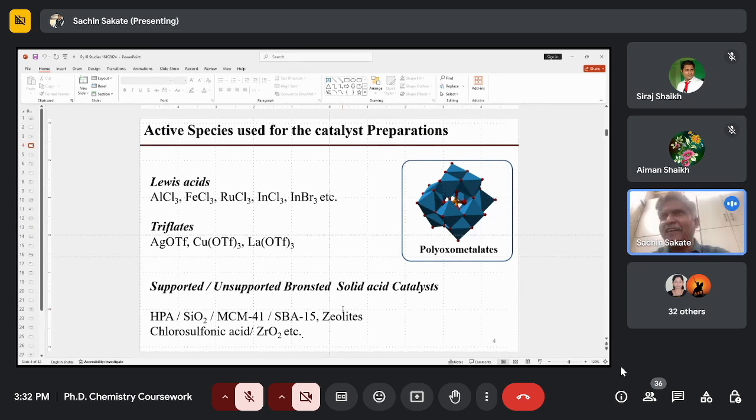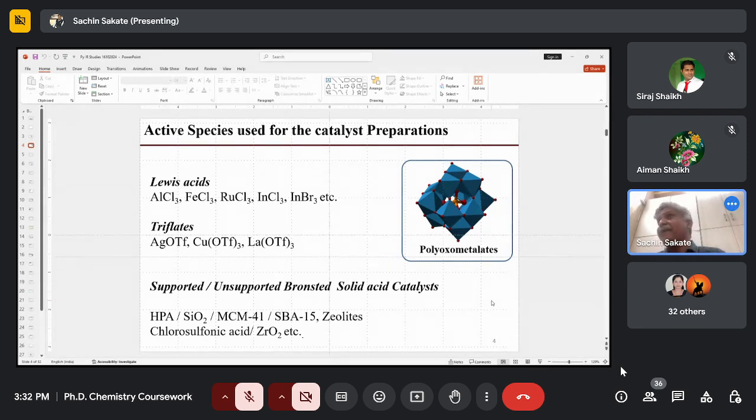I have done fantastic reactions with these Bronsted acids in my PhD time, and you can see them very easily on different research websites also. So the main ingredients are the active species and the support, and with this combination you can design different catalysts.